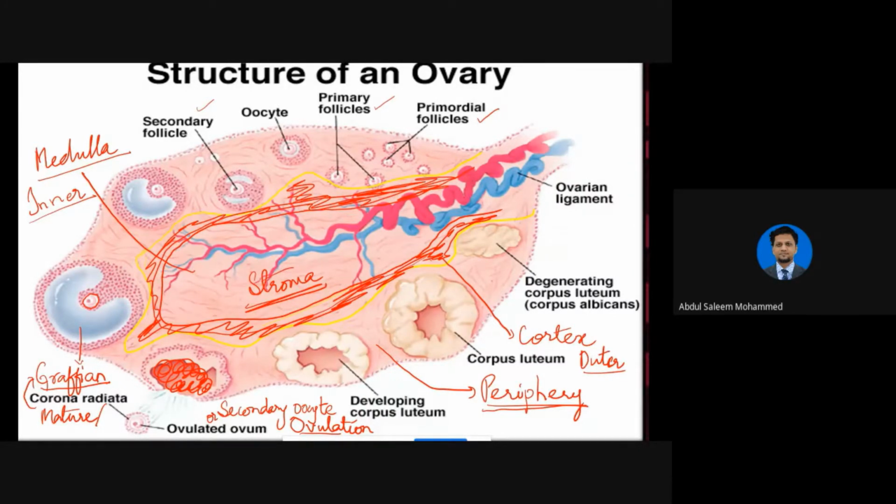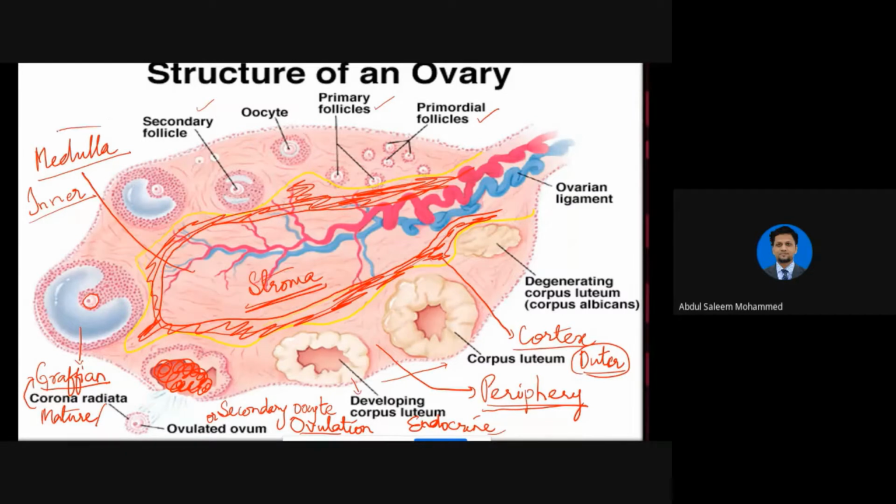They will not be released, and they will group together and form the endocrine part, which releases several hormones. That endocrine part is known as the corpus luteum, and this corpus luteum releases the progesterone hormone and estrogen hormone. So these are the female hormones which are released by the ovaries.